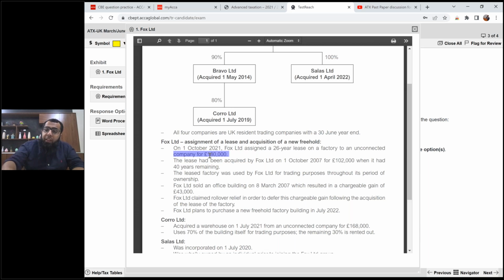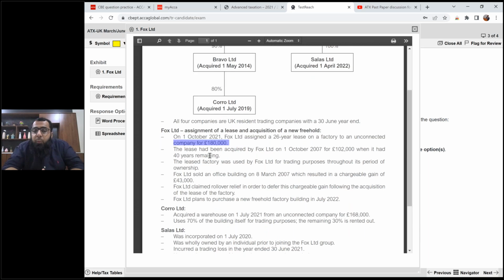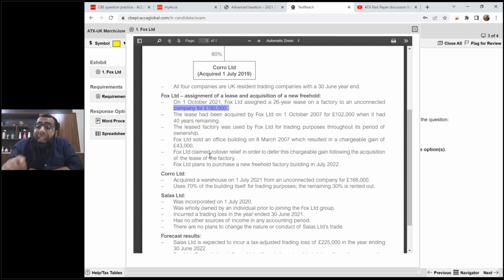When you dispose of a lease, we write the disposal proceeds and then the adjusted cost. I hope you all remember the rule of disposal of a lease. The lease had been acquired by Fox Limited on 1st October 2007 for 102,000 pounds when it had 40 years remaining. The leased factory was used by Fox Limited for trading purposes throughout its period of ownership.